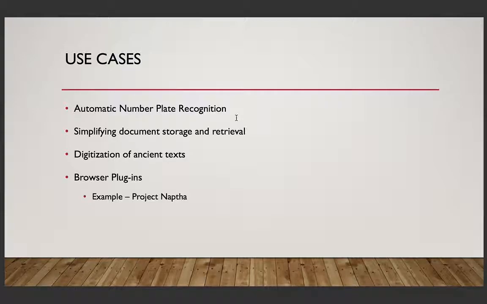So the third application would be digitization of ancient texts, where a lot of ancient scriptures and other texts were written across the last century, or maybe during the BC time. All these ancient texts are handwritten, and it would be very hard to find duplicate copies for these texts.